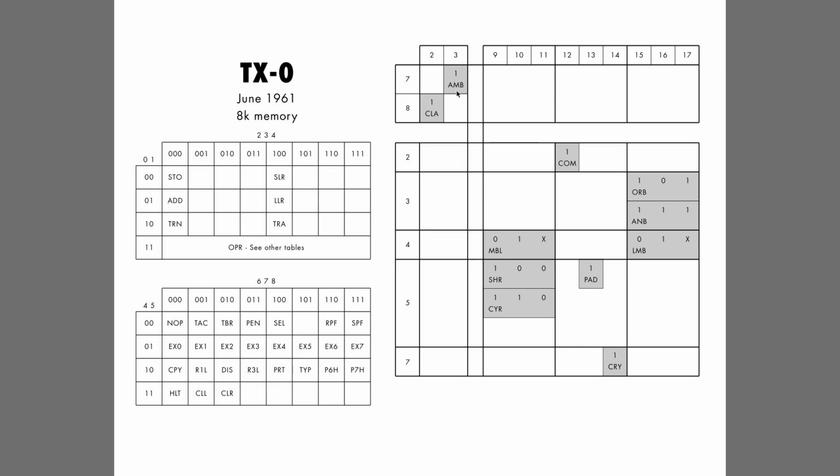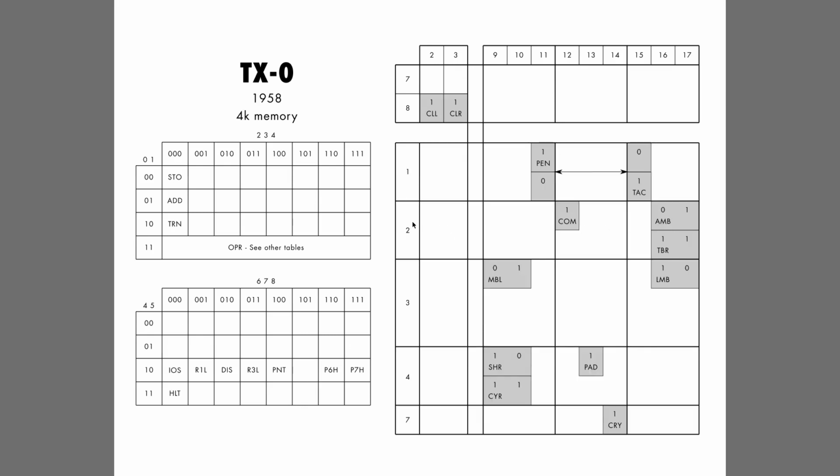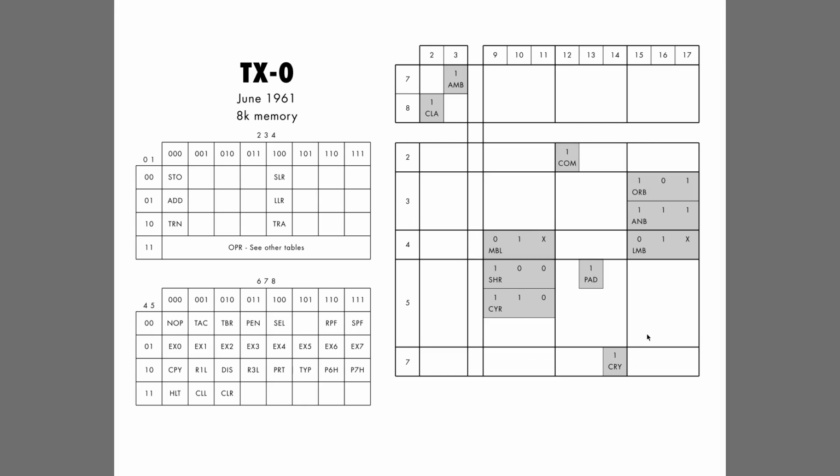Also, the timing had changed a bit. So A and B is now done at time pulse 7 in cycle 0 instead of time pulse 2 in cycle 1, and so on. So this all changed slightly.